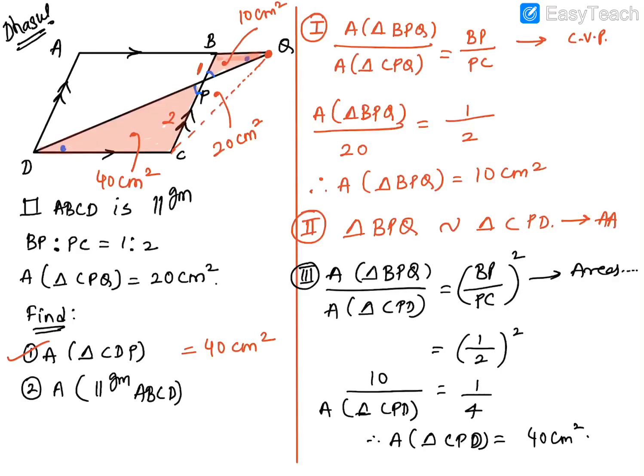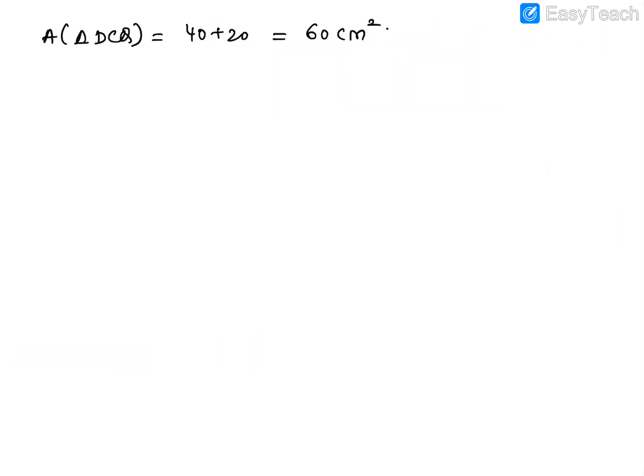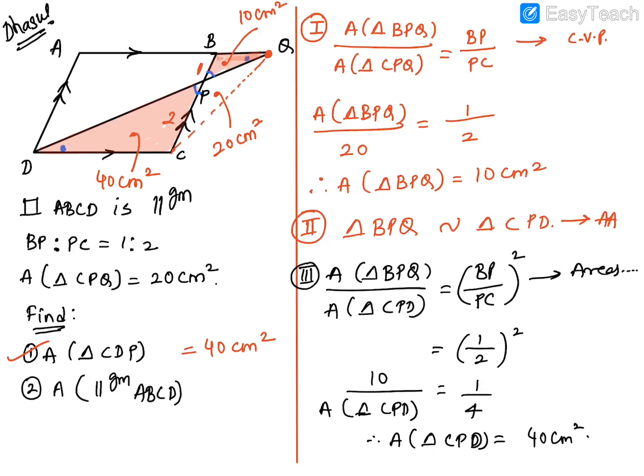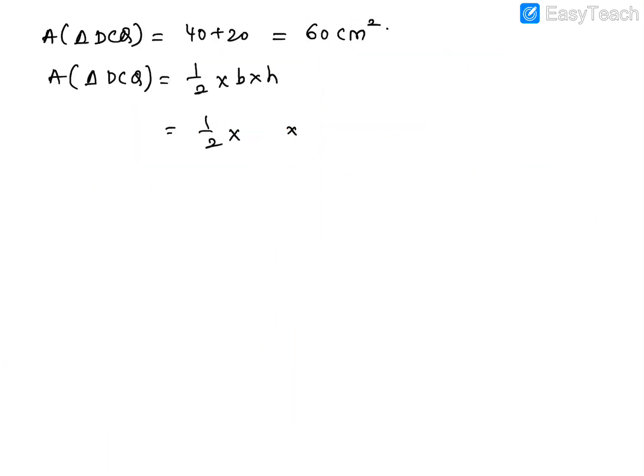Now, area of triangle DCQ is also equal to what? Half into base into height. What is the base here? Base is DC. DC is the base of the triangle. And what's the height? That's the height of the triangle. So we'll write what? Half into DC into height.